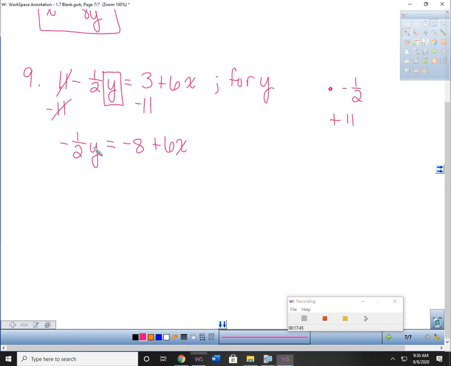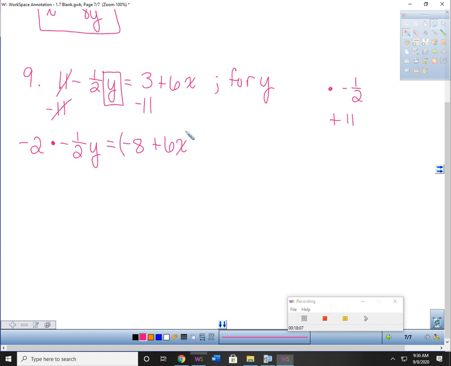Now, I'm multiplying by a negative 1/2. And if you'll remember, we don't divide by fractions. Instead, we multiply by reciprocals. So to get rid of the negative 1/2, you're going to flip it to negative 2 over 1, which is just negative 2, right?